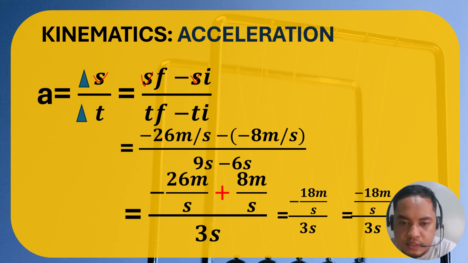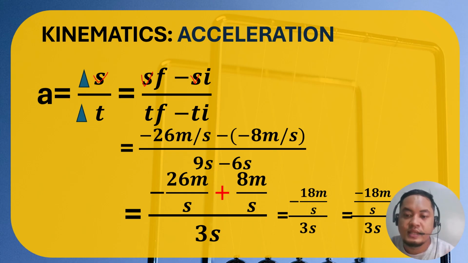That gives negative 18 meters per second. And then we will divide it by 3 seconds, that's the difference between 9 minus 6. And then you will have the answer. Hold on, maybe I blocked the answer. We have 18 divided by 3, so that's 6.